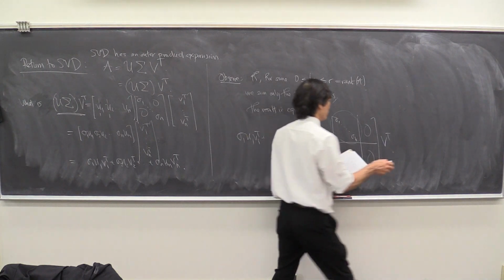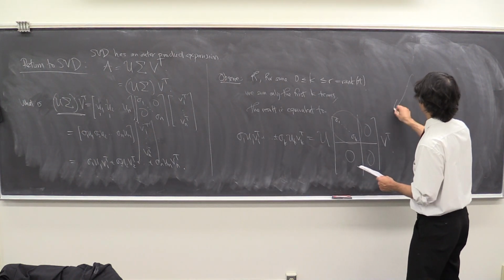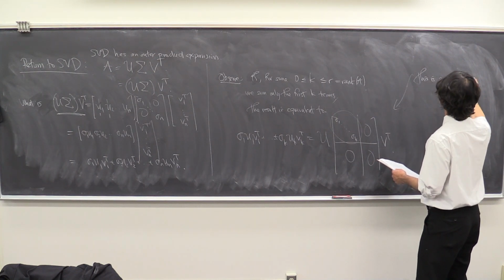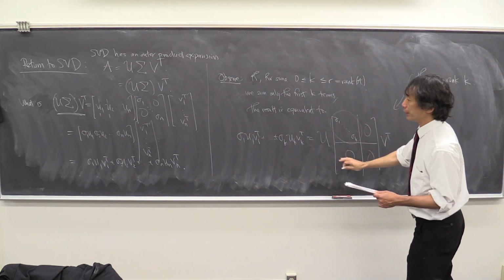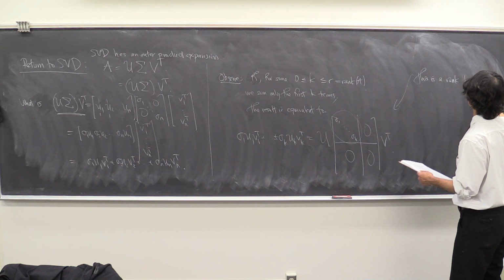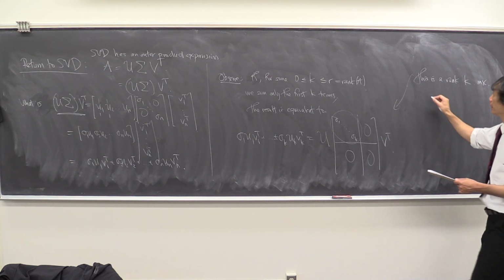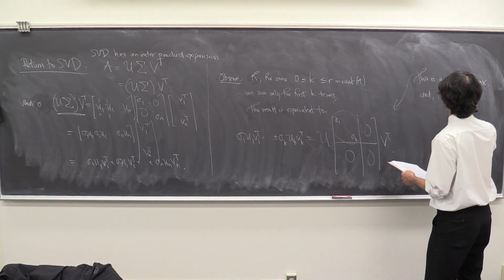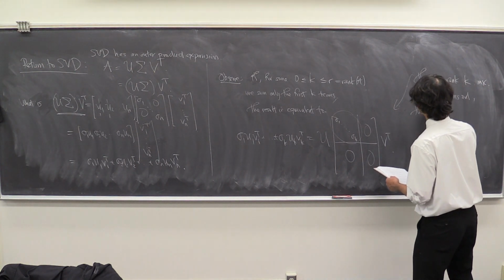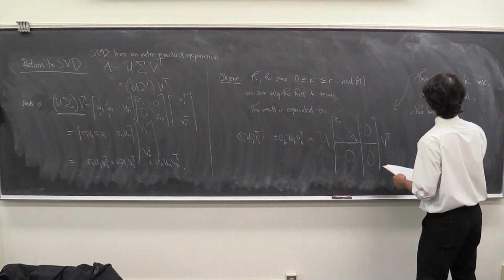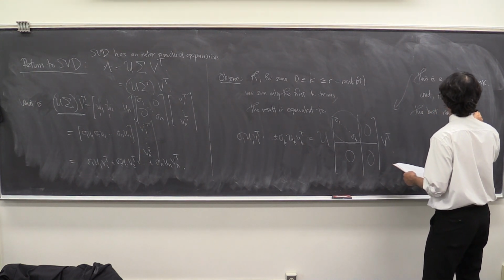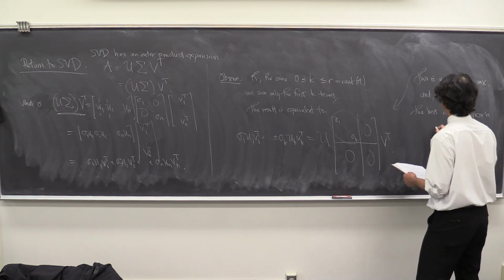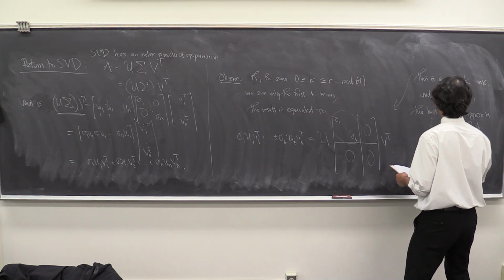Okay. The punchline is this. This whole product here is a rank k matrix. And it turns out to be the best rank k approximation of A in some sense.